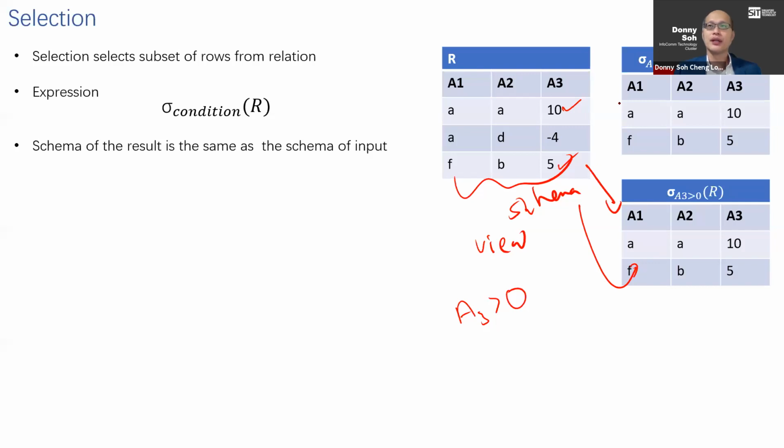Similarly, here it looks at the column A2 for the value of A2 being either A or B, and so these two rows will be selected to form this.